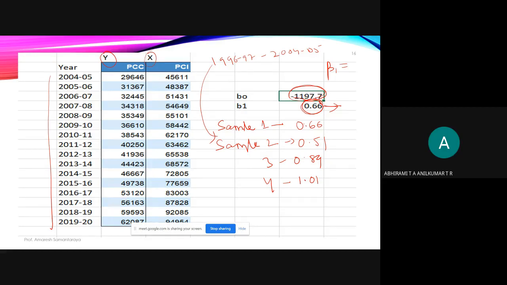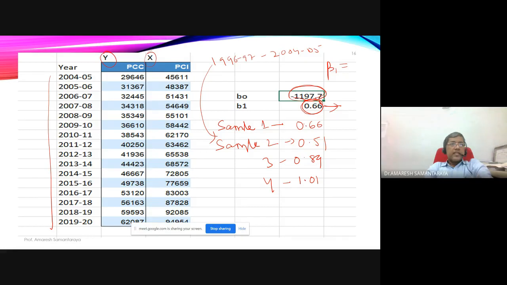Unbiasedness in the sense that the actual value and the expected value should be equal, but I cannot explain how it comes. Okay, no issue. Any other student who had studied econometrics and knows about this?